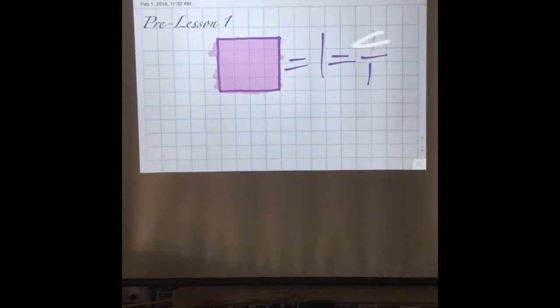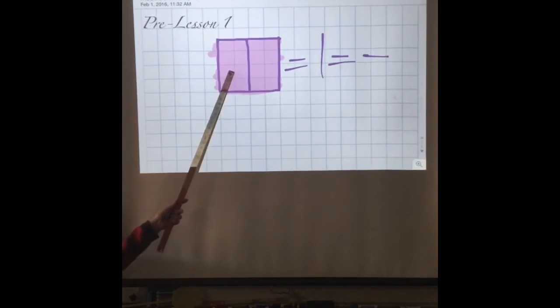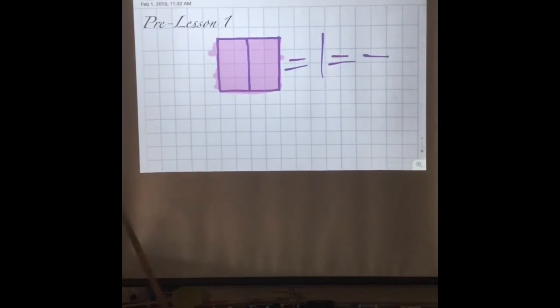Here we go. What if I had that one whole and now I just cut it down the middle? What would my fraction be? 2. Well, I have how many pieces? 2. 1, 2. So I'm going to put my 2 where? On the bottom.